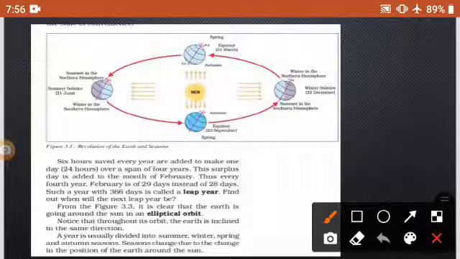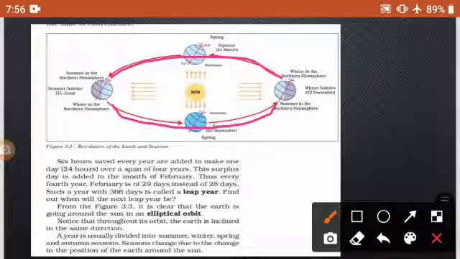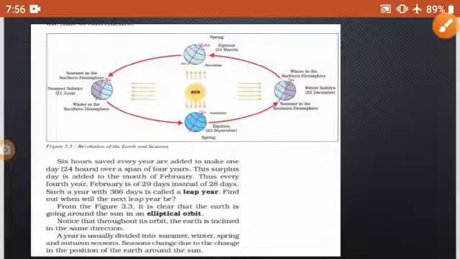Okay, so this is how the Earth revolves around the Sun for 365 days approximately. So this is the Sun. Then the Earth moves around the Sun in an elliptical orbit. Now let's move ahead.